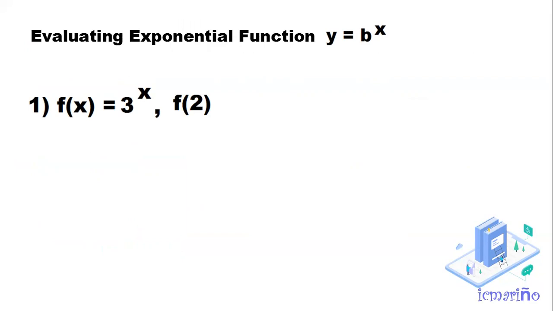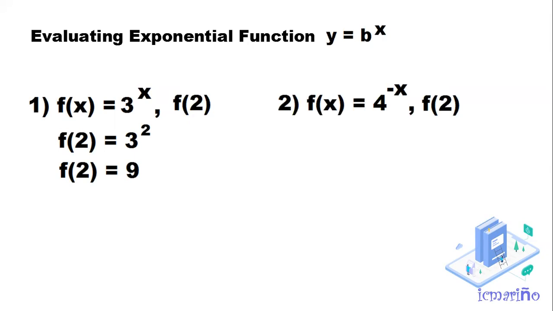If we are given this type of function, all of the x's will be replaced by 2, the given value here. So f of 2 is equal to 3 raised to 2, and that is equal to 9, because 3 squared is equal to 9. 3 times 3 is equal to 9.